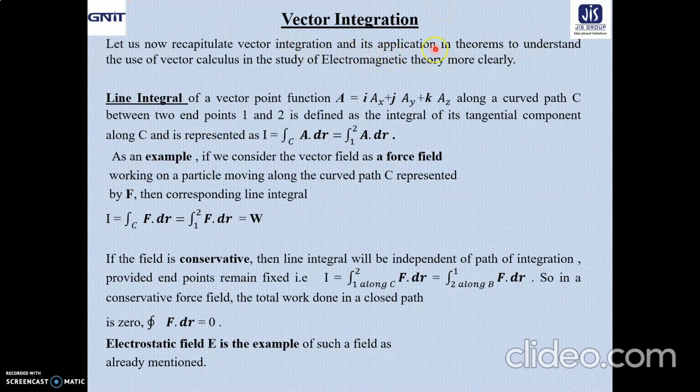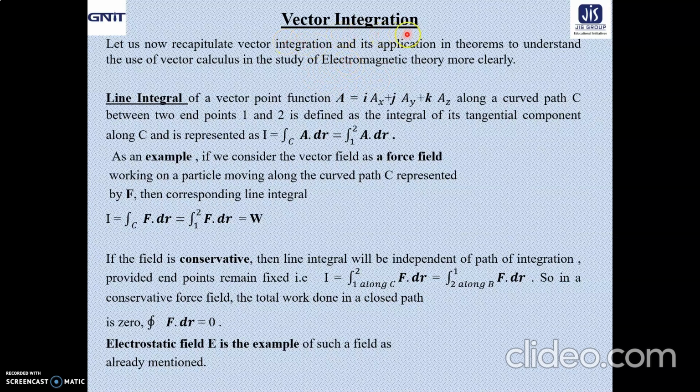The vector integration, the basic idea we will discuss first, and then its applications in theorems we will consider, which will help us to understand the use of vector calculus in the study of electromagnetic theory more clearly. With vector differentiation, there is an element of incompleteness.